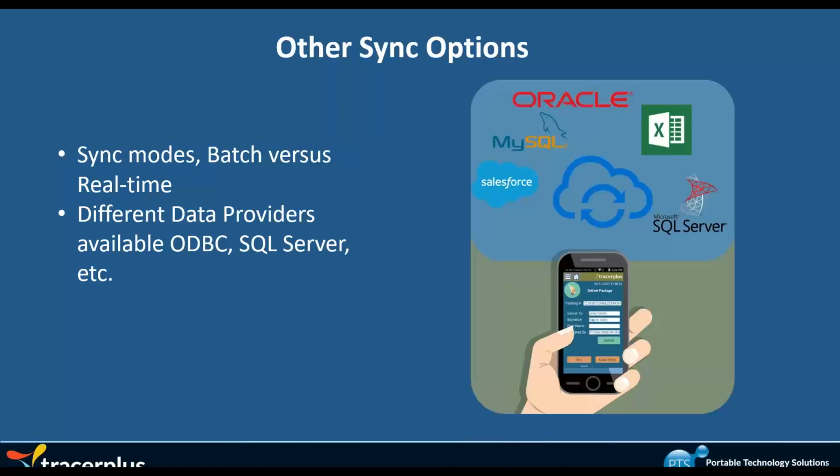There's also a ton of different data providers available to sync with in TracerPlus Connect. ODBC really gives you flexibility across a lot of database types. It could be MySQL, Oracle, SQL Server, Access like you saw here today, PostgreSQL, things like that.